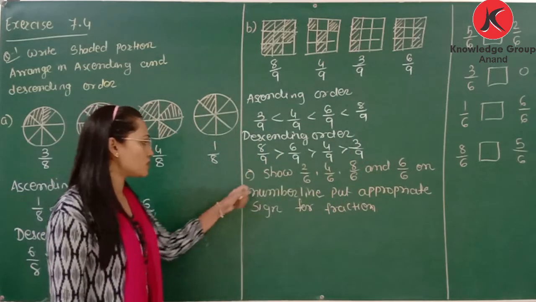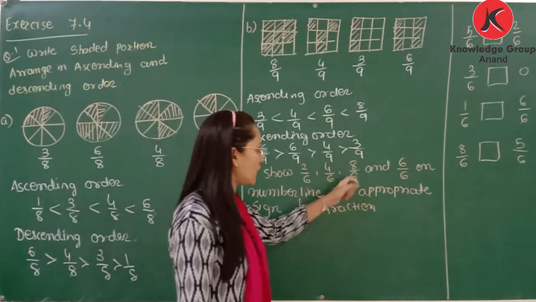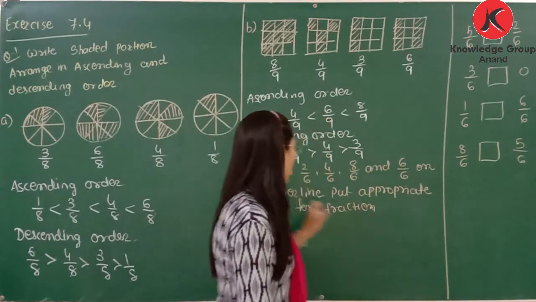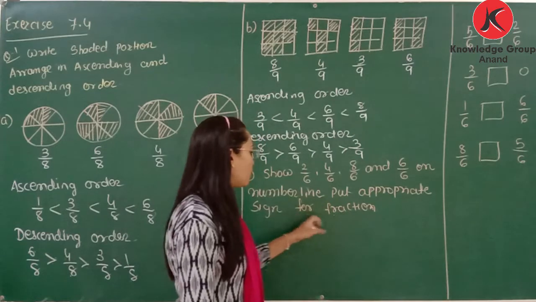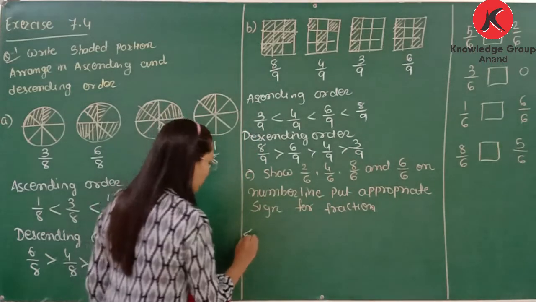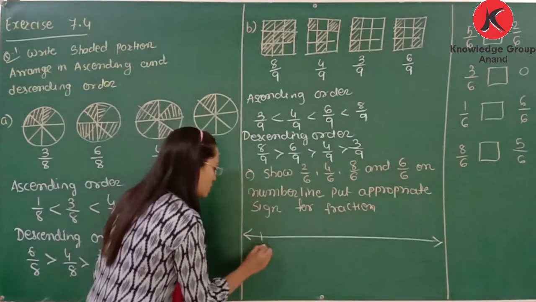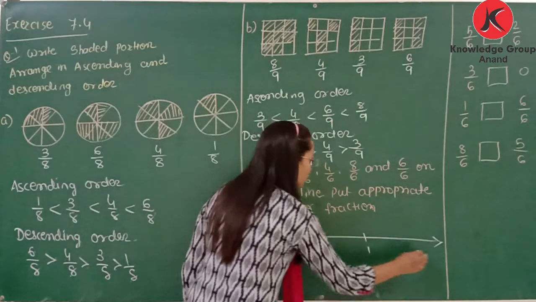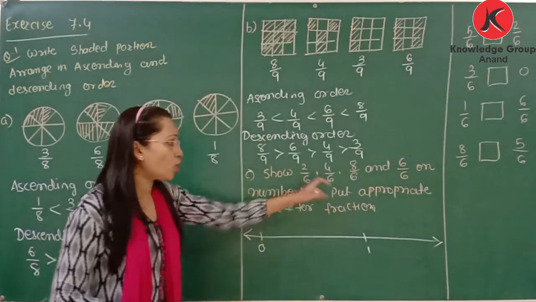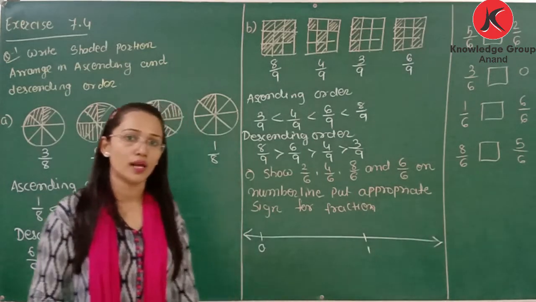Okay. Now C part. So 2 by 6, 4 by 6, 8 by 6 and 6 by 6 on the number line. Put the appropriate sign for the fractions that are given in the next part. So here we will draw a number line 0, 1. It means denominator is 6. It means one part is divided into 6 equal parts.